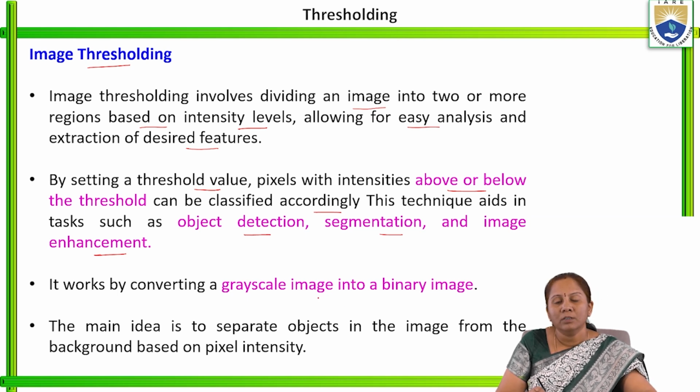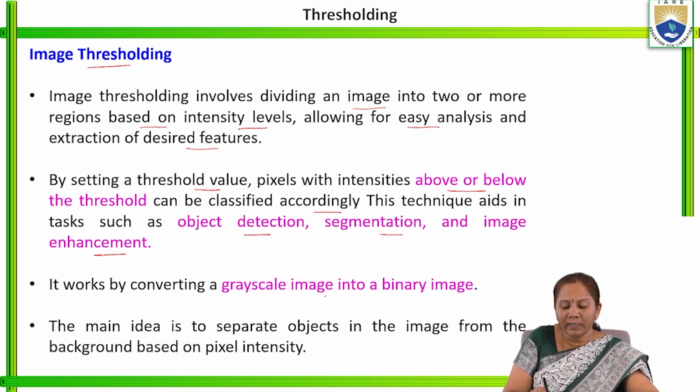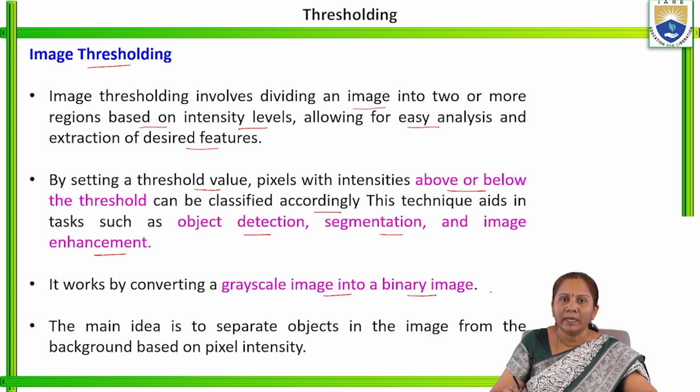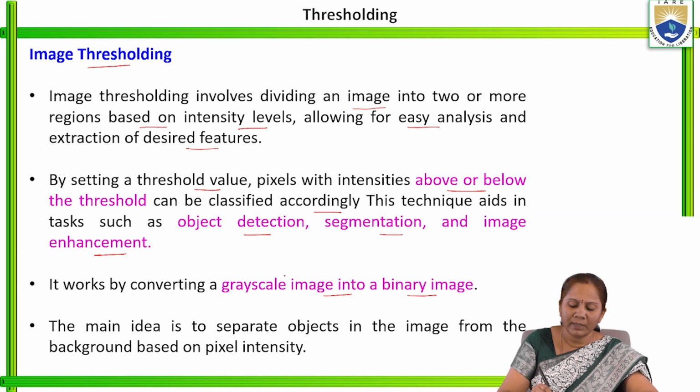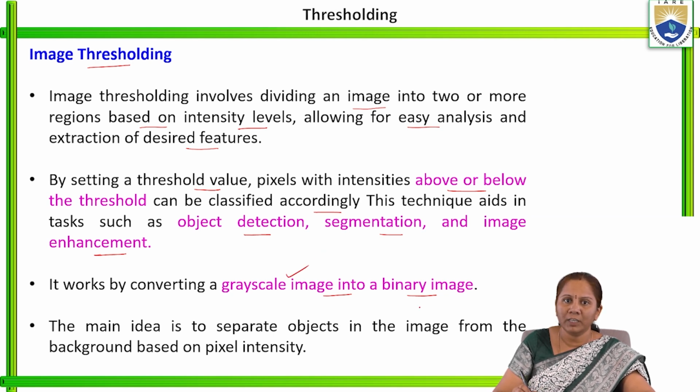It works by converting a grayscale image into a binary image, and not only a grayscale image. In order to apply image thresholding, even a grayscale image or color image should first be converted into a binary image. Only then can any thresholding technique be applied.